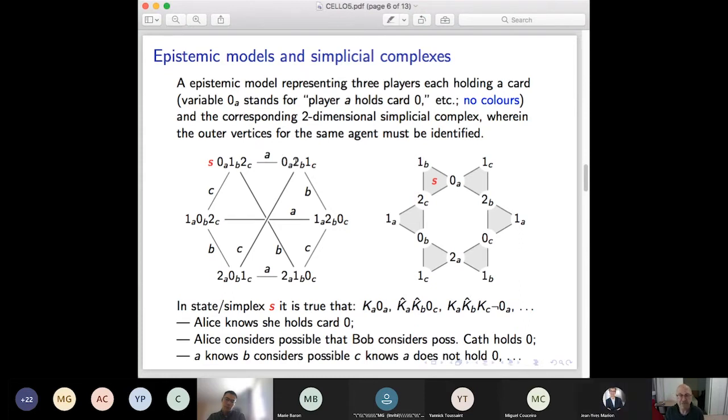Well, this sounds self-evident, but we can also determine, for example, that A considers possible that B considers possible that C holds card 0, because we can make a path for A going from here to here, and then for B to here, and in that way you can model check that this proposition is also true, and so on.